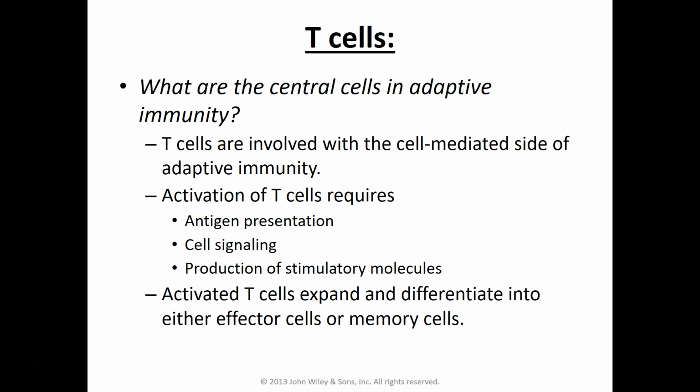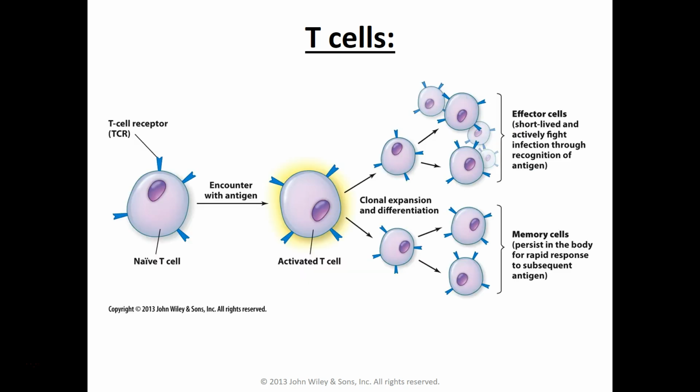But once activated, those T cells, as you saw, are going to proliferate. So we have a whole army now that specifically recognizes that antigen. Some of them are going to go out and fight. Those are the effector cells. Some of them are going to become memory cells. So, naive. What do we mean by naive? It hasn't been exposed to an antigen yet. It was born in the bone marrow and educated in the thymus.